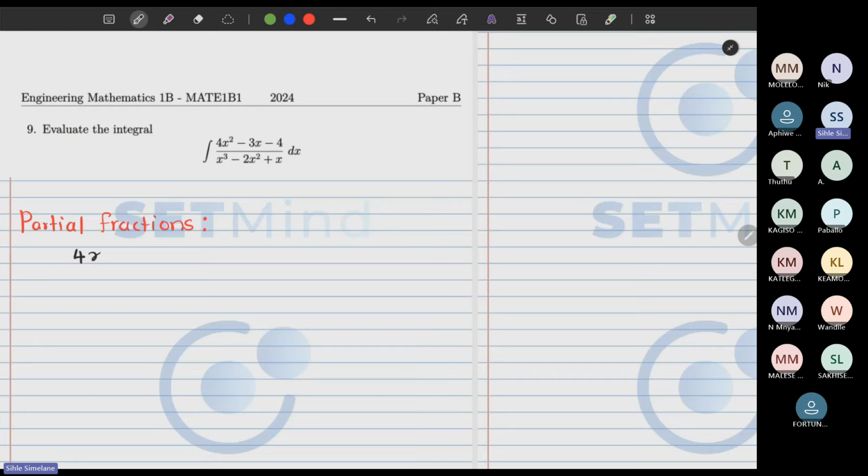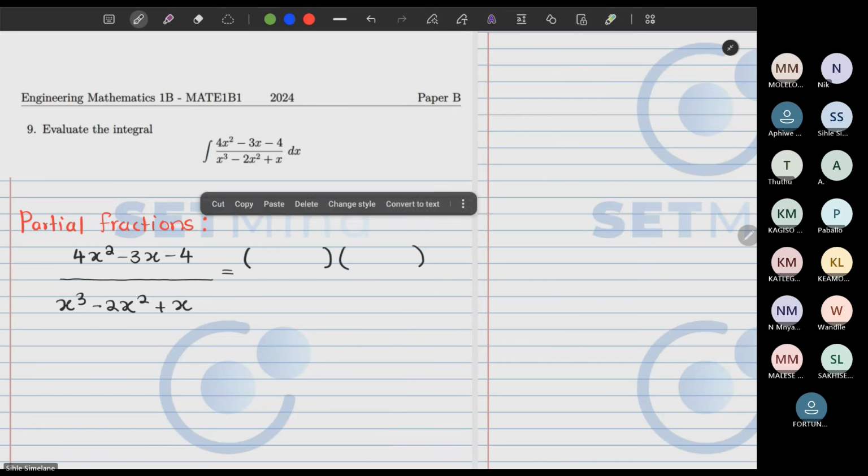So we have 4x squared minus 3x minus 4. We'll investigate if there's anything that can cancel on the denominator and numerator. Then we have x cubed minus 2x squared plus x. Let's see if we can factorize this numerator here, and also that denominator.